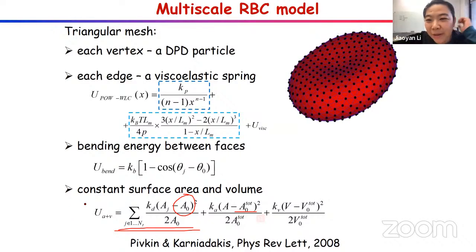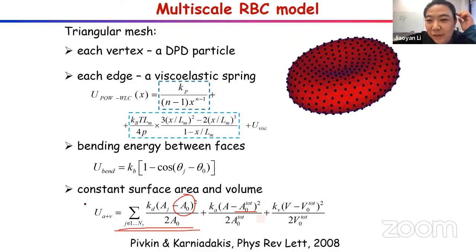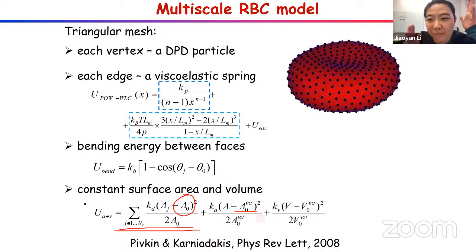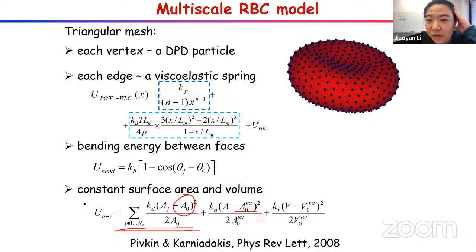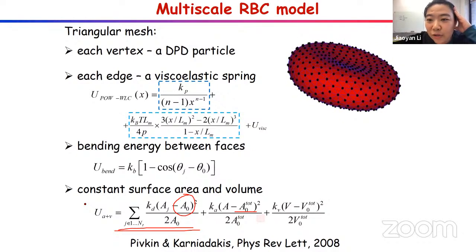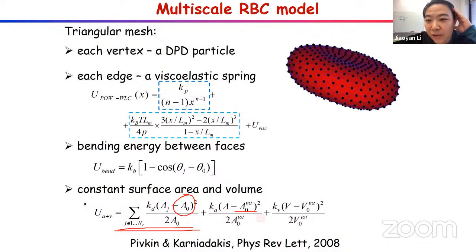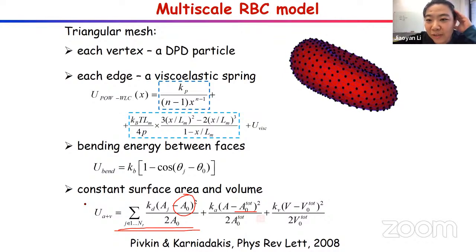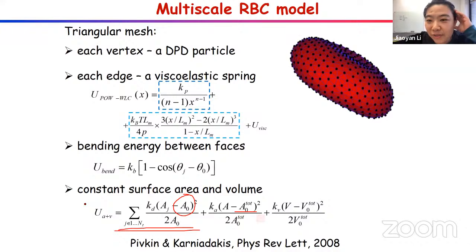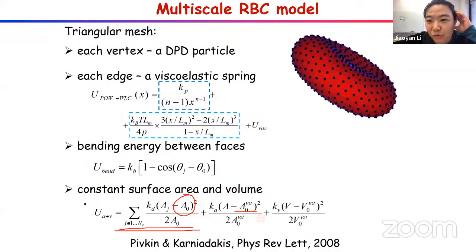But I'm wondering, for example, if my triangles in this network are not very uniform, not quite similar with each other, will that influence the stable structure?